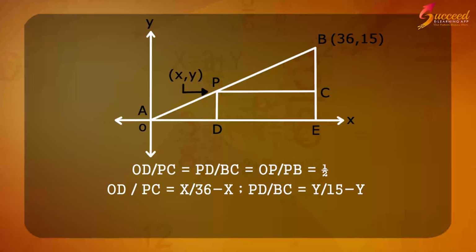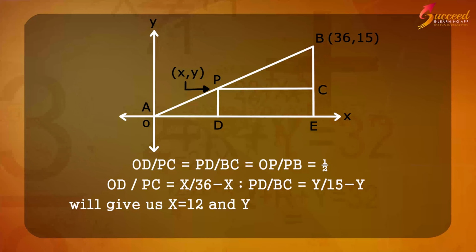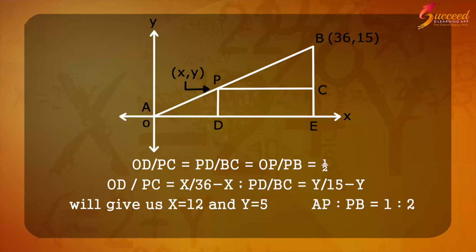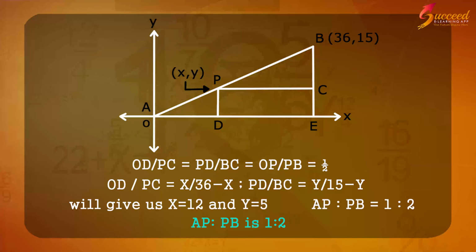Solving the above equations gives us x equals 12 and y equals 5, which meets the condition that AP is to PB is equal to 1:2. You can recheck the calculation using the distance formula learnt in the previous section and reconfirm that AP is to PB is 1:2.